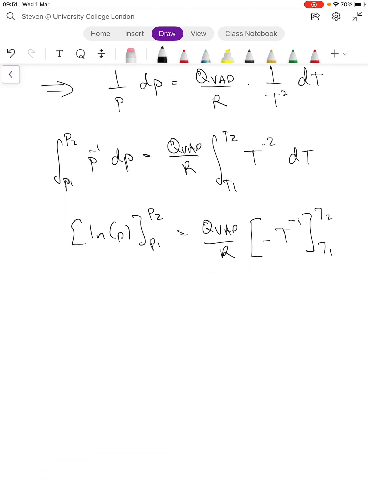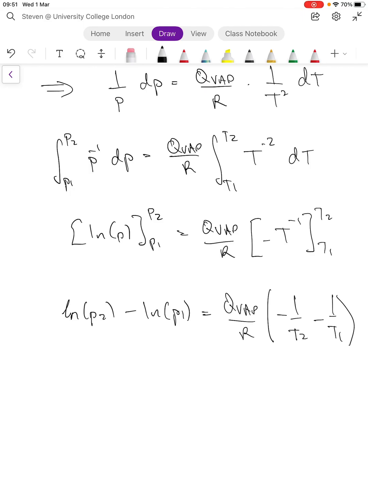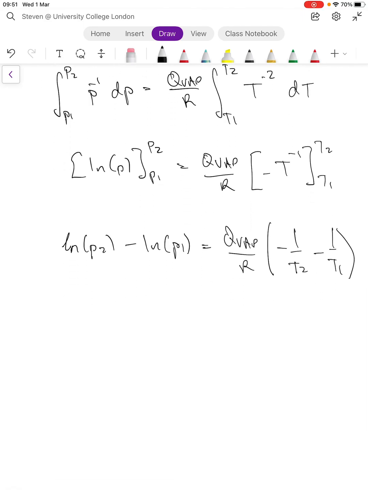And so then we can see that this is going to be the logarithm of P2 minus the logarithm of P1, which is equal to the latent heat of vaporization divided by R times minus 1 over T2 minus 1 over T1. And then we use the property of the logarithm that log P2 minus log P1 is equal to log of P2 over P1.